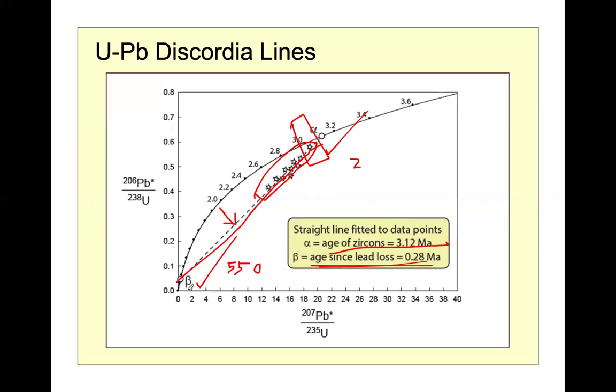For example, our rocks are like 550 Ma, so you get 550 around here, right? That means from today, 550 million years have elapsed after the lead loss event. So the lead loss event happened 550 million years ago, right? That's the implication.